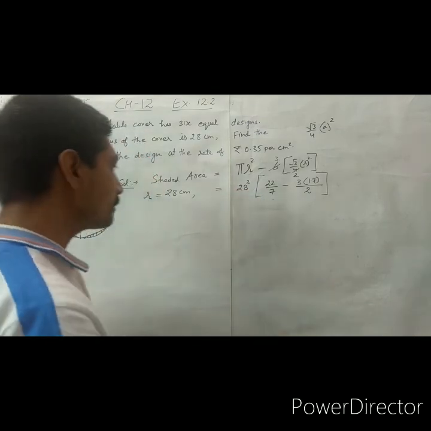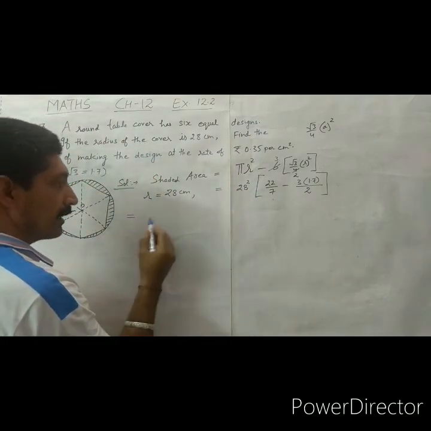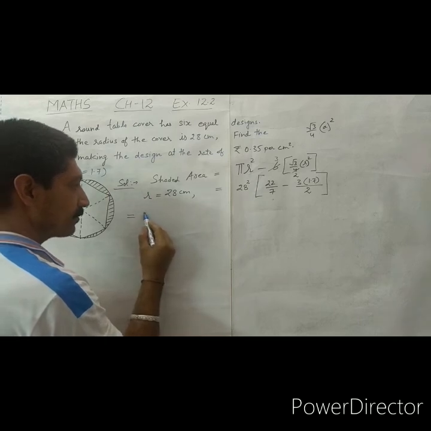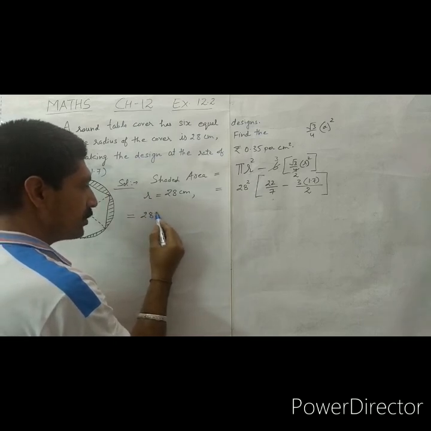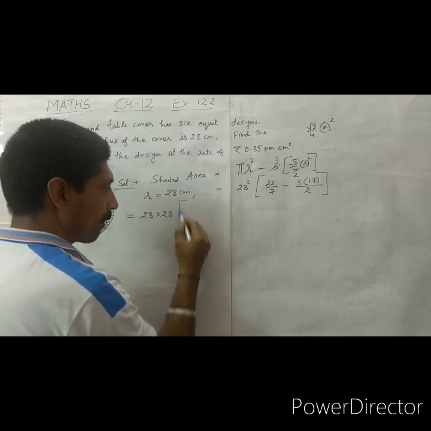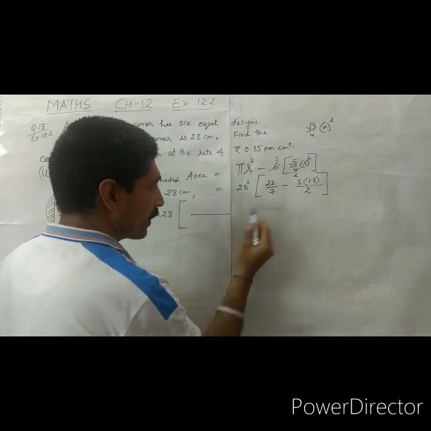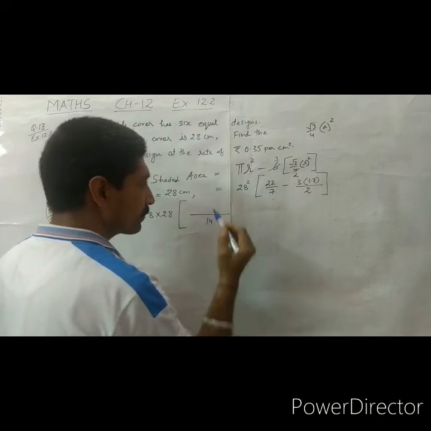So now let's shift here. This 28 into 28, LCM is 14.